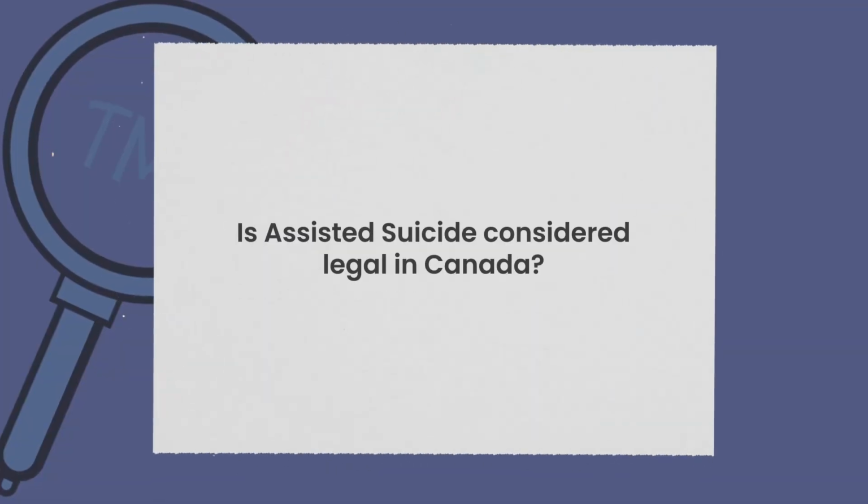Is assisted suicide considered legal in Canada? In Canada, assisted suicide can fall under the umbrella of MAID, depending on specific circumstances and the patient's wishes. It's essential to consult Canadian legislation and guidelines to understand the precise legal parameters and conditions under which assisted suicide is permitted.